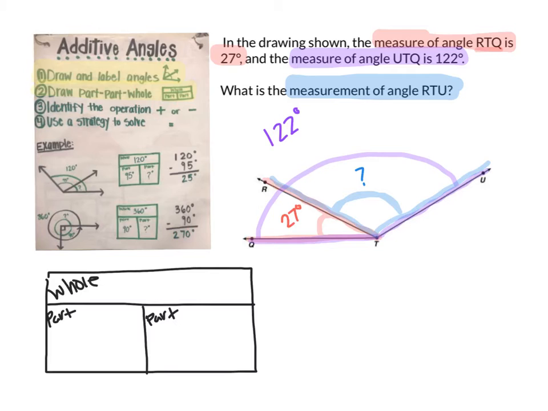Next, we need to fill in our part whole chart using everything we know. So first up, our whole. We do have a whole here, right? This whole big angle UTQ, that we labeled 122 degrees, that's our whole.